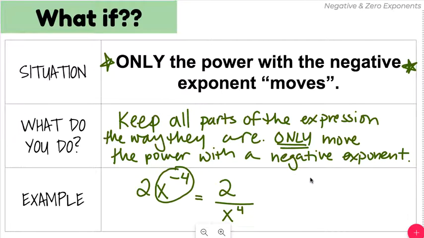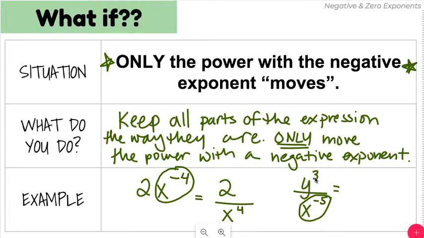Another example. Y to the third power over x to the negative fifth power. First thing, I know I have division with powers, but I don't have the same base, so I can't use one of my rules. But I can tell that I have a negative exponent that's a problem.